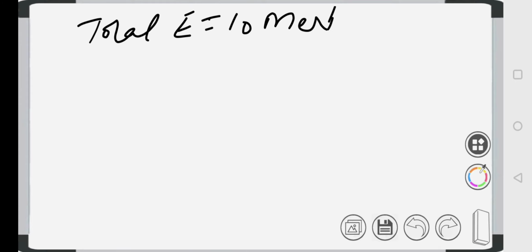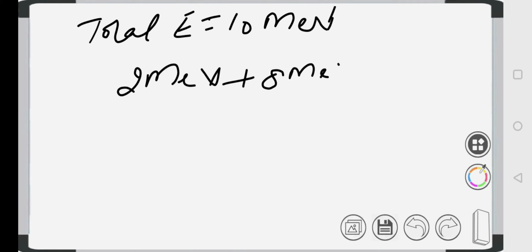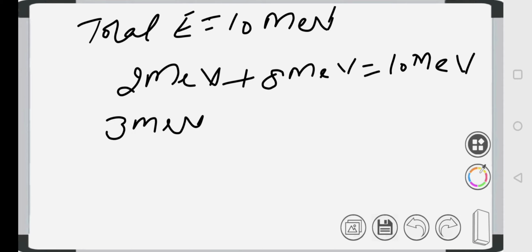If the electron is emitted with 2 MeV energy, then the remaining energy will be carried by the antineutrino particle, that will be 8 MeV, which equals 10 MeV. If the electron takes 3 MeV, it will be 7 MeV.